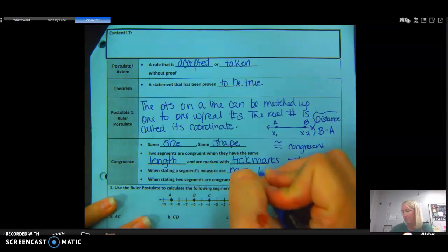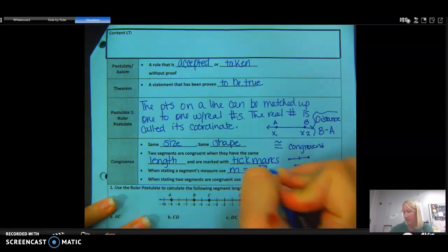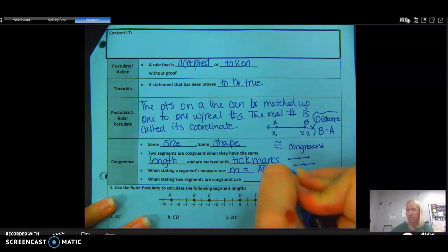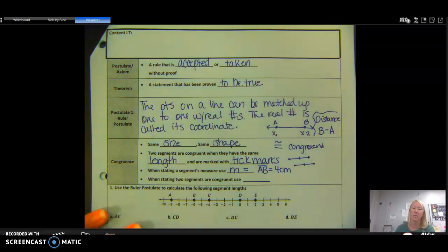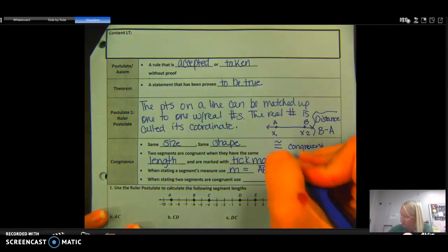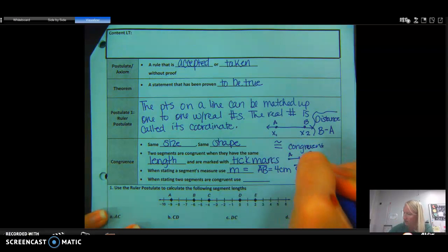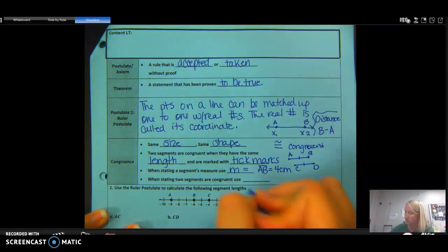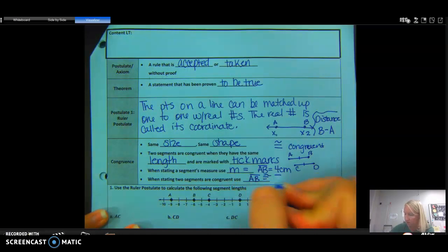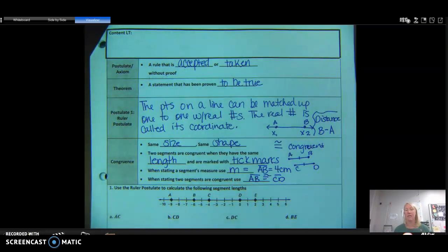So like the measurement of AB equals 4 centimeters. That's its measure. But when we're stating that two segments are congruent, so let's say this is AB and this is CD, we use the congruent sign. So we would use AB is congruent to CD, meaning they're the same size and same shape. But measurement, it's equal to.